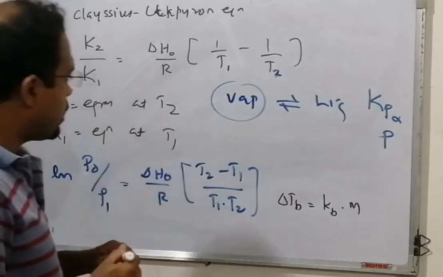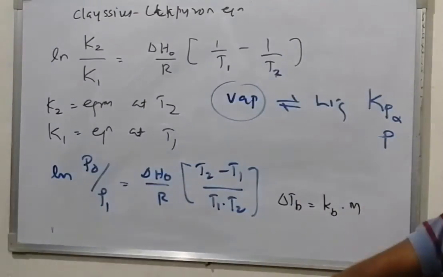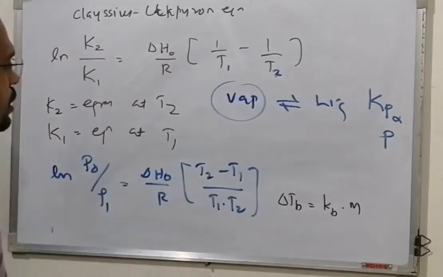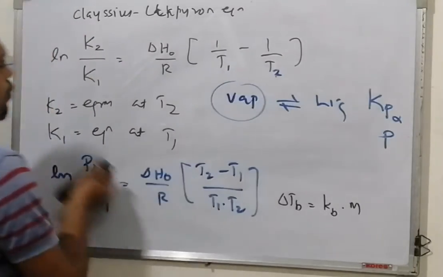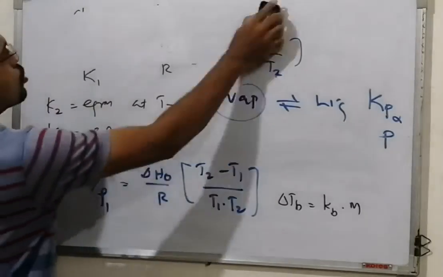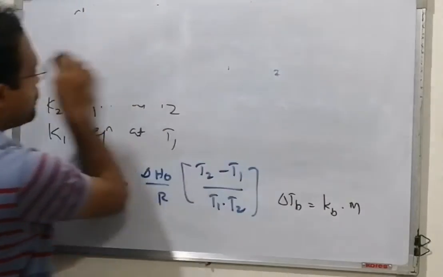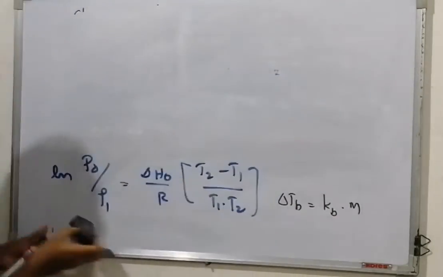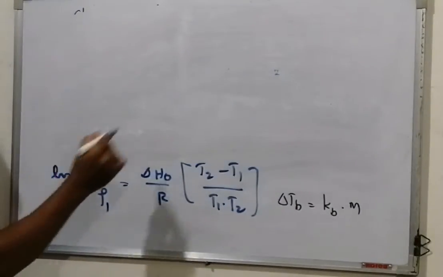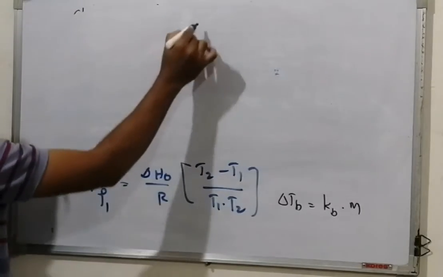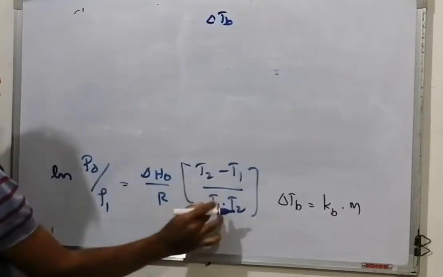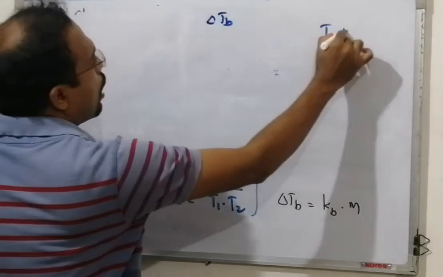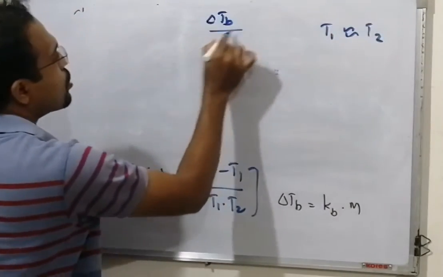We can imagine that T2 is the boiling point of solution and T1 is the boiling point of solvent. Therefore, T2 minus T1 can be taken as delta Tb. And we have also assumed that T1 is almost equal to T2, therefore T square.